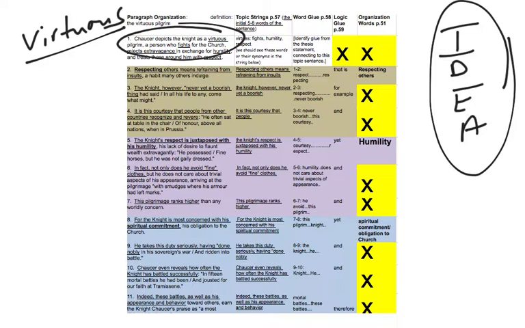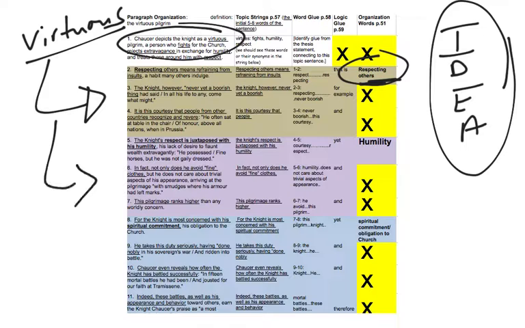And there are several traits that are broken down. So the brown examples are dealing with respecting others. Then all the purple sentences are dealing with humility. And then the blue. So we've got 3 separate virtues that are organizing this paragraph. So this is governed by idea.